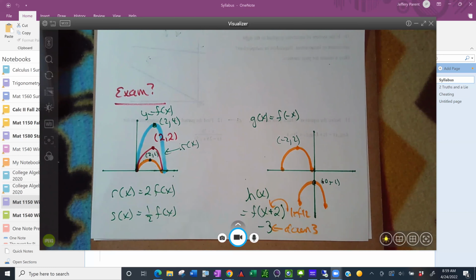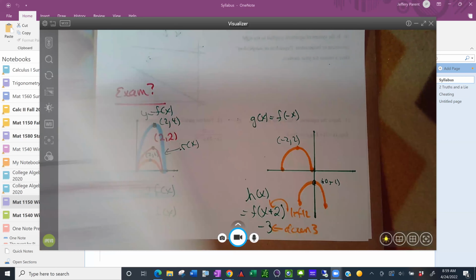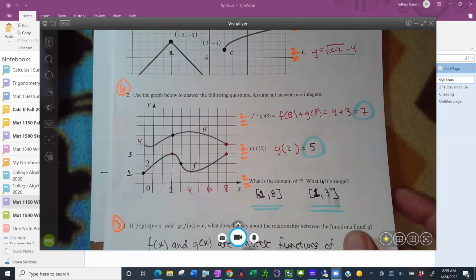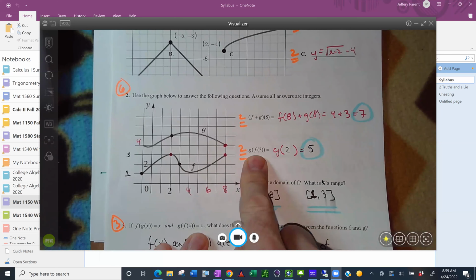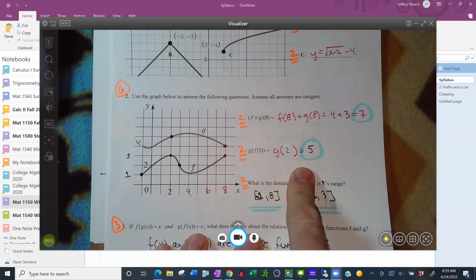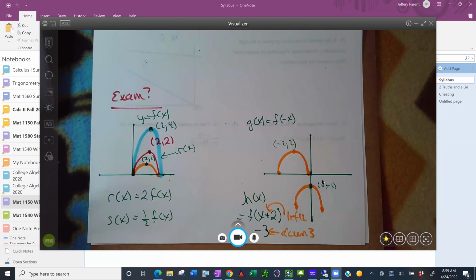So a lot of things we can do with our graphs, but those are some good tips moving forward. I wouldn't be surprised to see one like this on the exam as well, where I'm asking you to evaluate functions using the given graphs. So good luck.